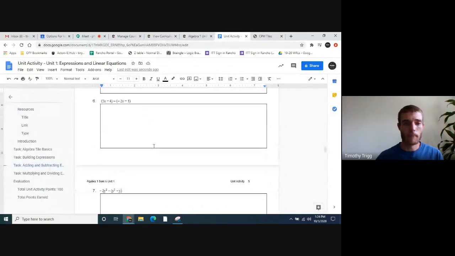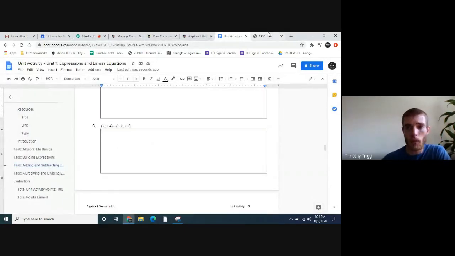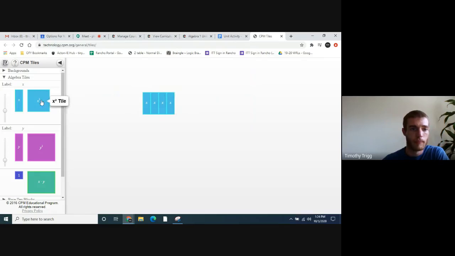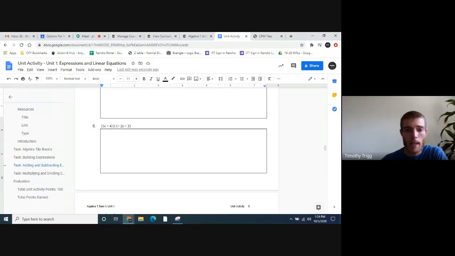Let's try the next one. Next one says 5x plus 4. So we're going to have 5 of these x's and 4 of the unit tiles. So that'll be 5x plus 4. Then minus negative 2x plus 3.